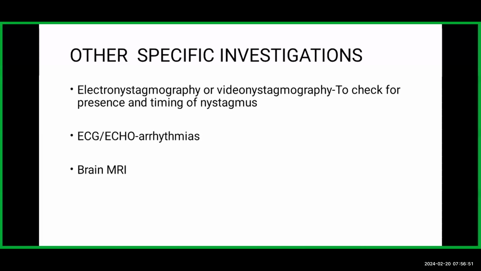ECG and echocardiography can be done because arrhythmia could also present with vertigo. Brain MRI is not routinely requested. However, if the patient presents with weight loss, early morning vomiting, and recurrent headache suggestive of a space occupying lesion, a brain MRI is an important investigation.